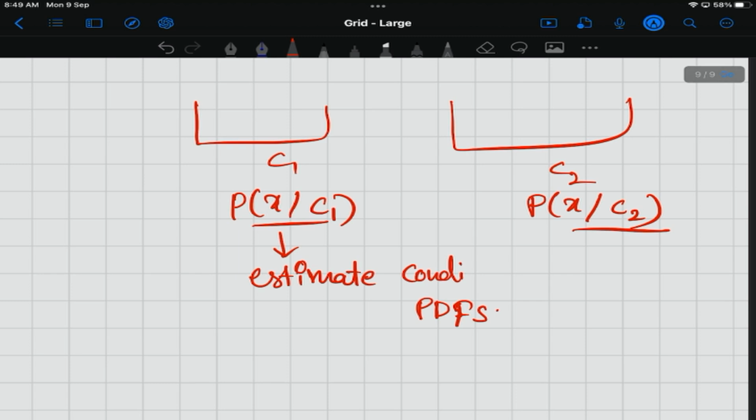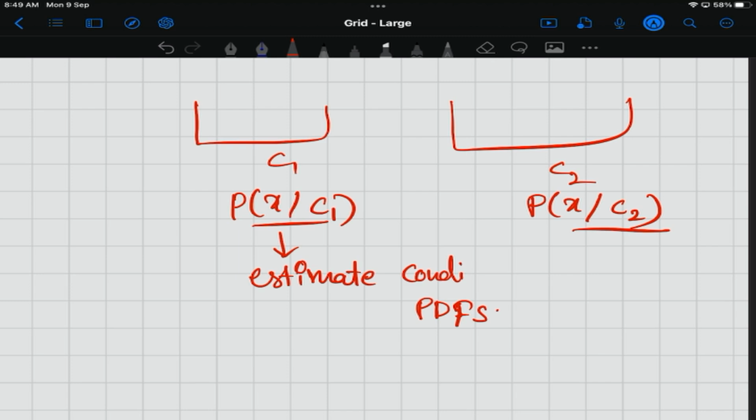Okay, and when I say you estimate these conditional PDFs, again you have to assume they follow a Gaussian, and then you try to estimate. If you have some prior information saying that this real world data is not following a Gaussian, it is following an exponential, then you have to fit exponentials, right?